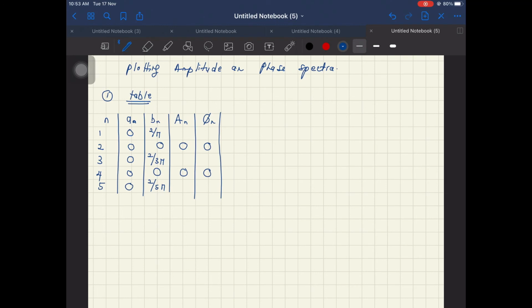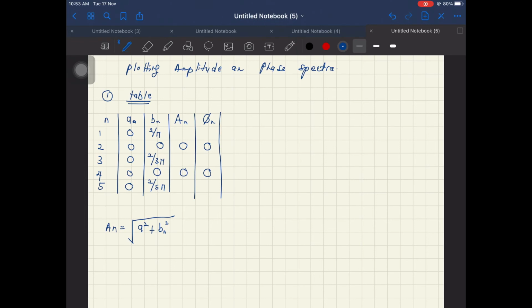Okay, now we are going to find A_n and also theta_n. So to find A_n, we already know that the formula is A_n equals the square root of a_n squared plus b_n squared. Sorry for the missing n there.